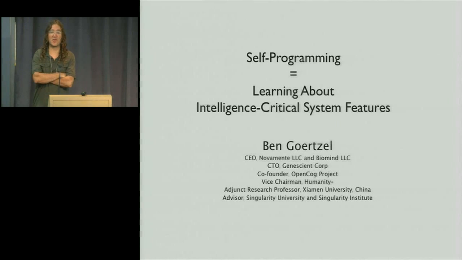At least in theory, in the architecture, learning is just learning. And we believe that as the system evolves and follows its developmental trajectory, it will be able to learn about itself and its intelligence-critical features using the same methods that it uses to learn about simpler things. Of course, we'll see how well that works when we actually get there. There could be other AGI architectures in which learning about intelligence-critical system features is done by significantly different methods than learning about simpler kinds of content, and maybe we'll hear about some of that in the other talks.